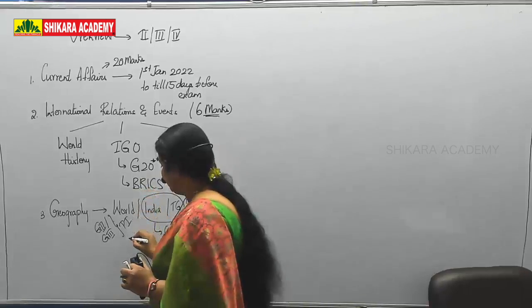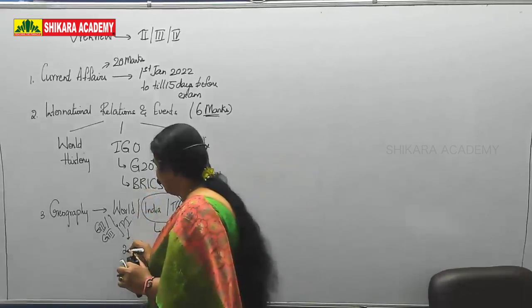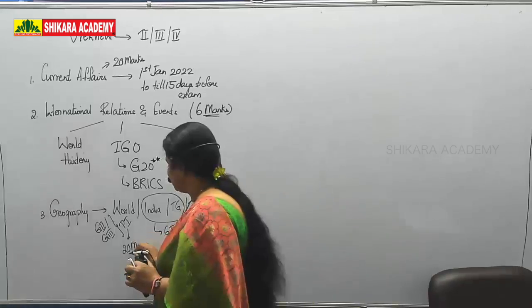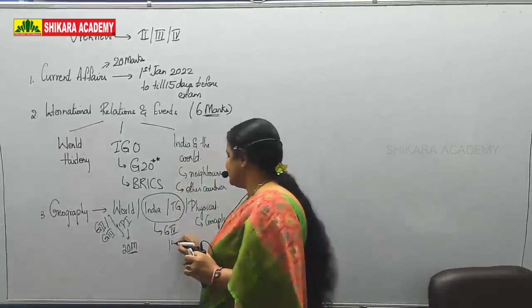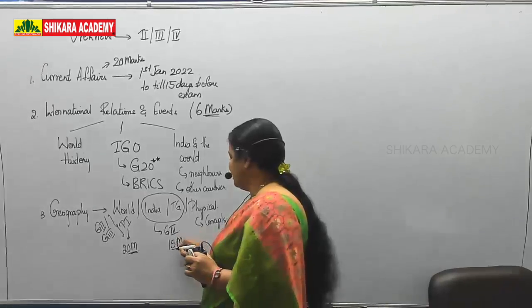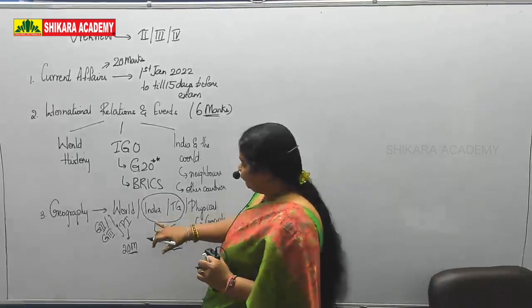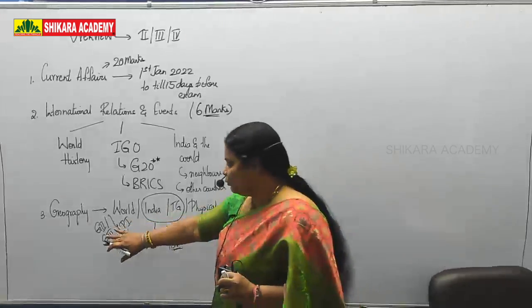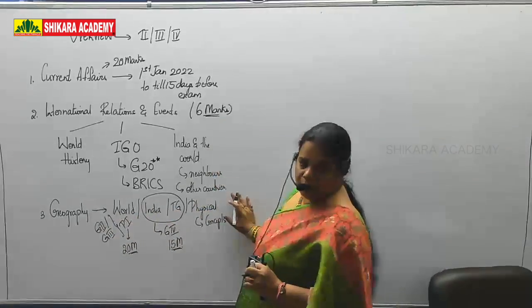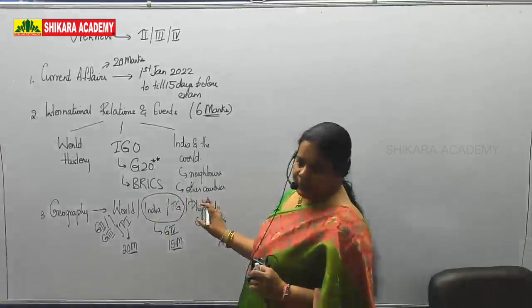Roughly the weightage will not be more than 20 marks. Here it is combined with economy, therefore we can take it as around 15 marks. Okay, so for group 4 we are only going to study Indian and Telangana geography. For group 2 and 3 we have to study all this physical, world, India and Telangana.